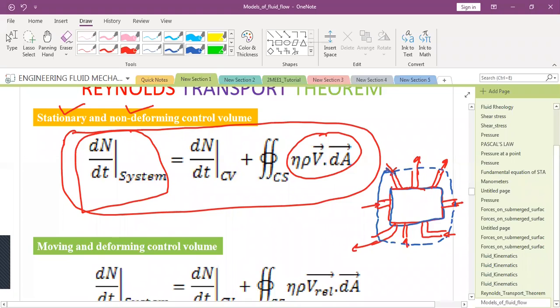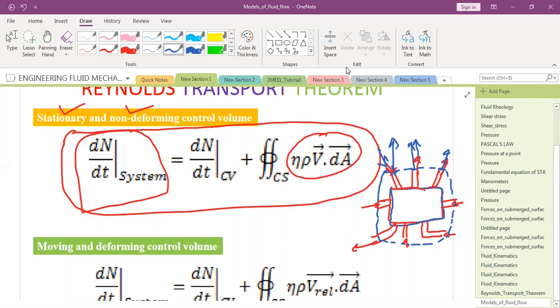Now let me know the surface area of this part, this horizontal. The surface normal will be this. Velocity is in this direction. Likewise, the surface normal here is this, and the velocity is in this direction. The surface normal in this case is this, velocity is in the same direction.